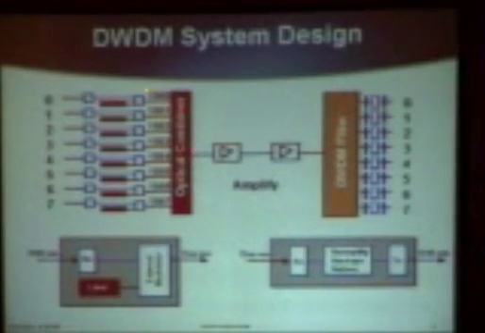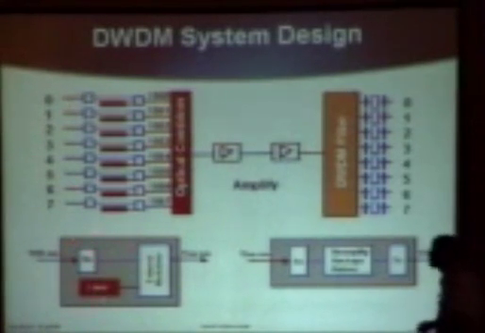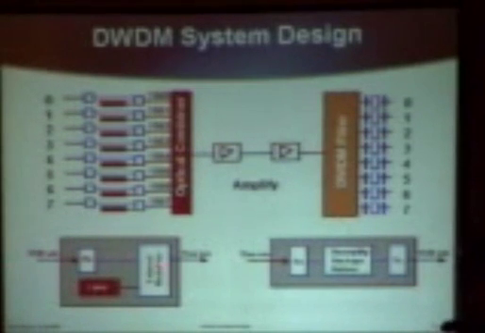So if we look then at what goes on inside the transmitter and receivers, what we have here in this architecture is we have an OEO conversion going on. Usually the signal that's sent to a WDM system is a short reach 1310 Sonnet signal today.